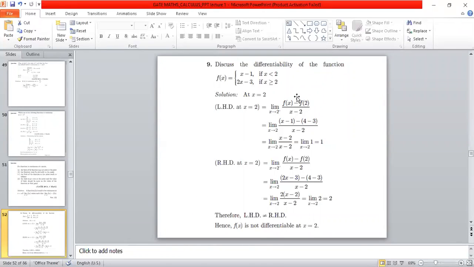So f of x, as x tends to 2 minus, that is behind 2, the function is x minus 1. So x minus 1 minus f of 2. If we write f of 2, here is the function where x is 2: for x equal to 2 the function is 2x minus 3.